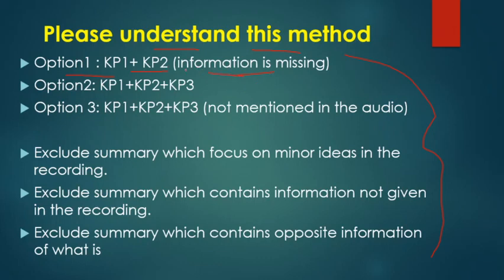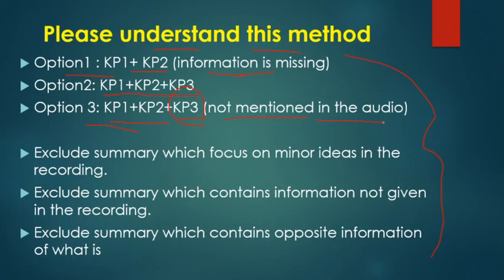There will be one option in which information will be missing. There will be another option where all the key information is presented. There will be another option with two key points, KP means key point, but the third key point is wrong. How will you see it is wrong? Because the narrator did not mention that in the audio.